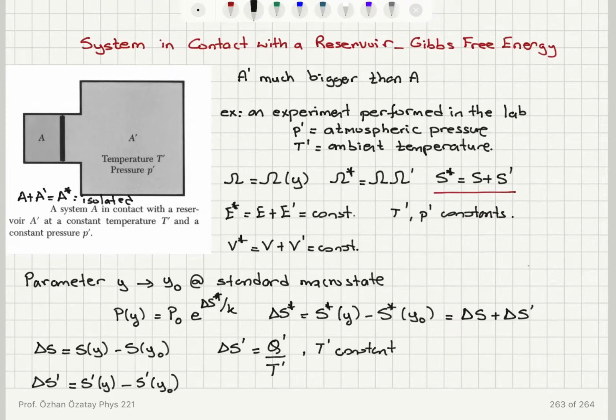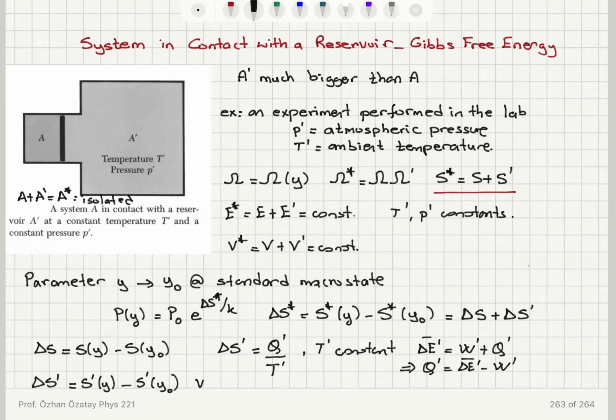So the corresponding change in the mean energy of system A prime is the work done on system A prime plus the heat added on system A prime, due to the first law of thermodynamics. And this basically implies the heat added to the system A prime is the change in its mean energy minus the work done on system A prime.